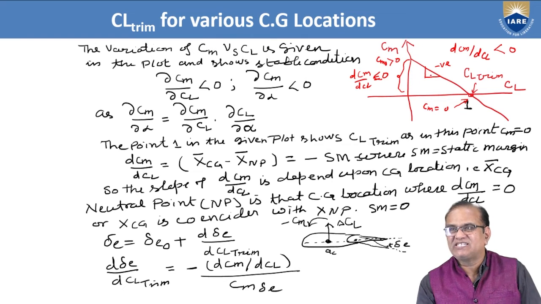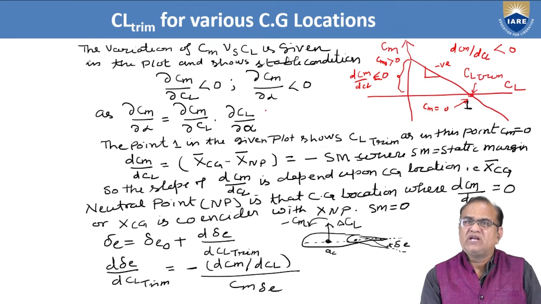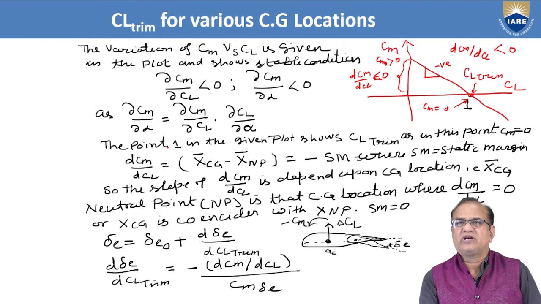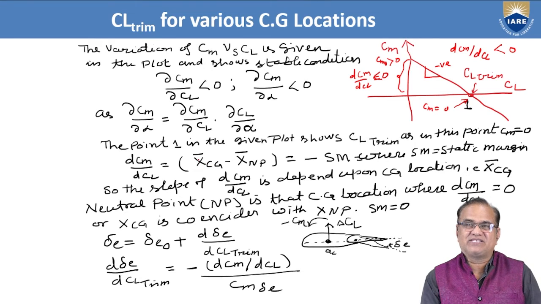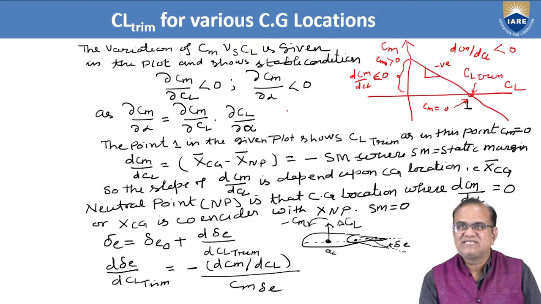By seeing this plot, we can see that the plot for this aircraft shows that the aircraft is in longitudinal static stability. Now we also know that dCm by dCl is equal to minus static margin, and this static margin is the difference between XCG and XNP. I just want to show what the meaning of CG and NP is.